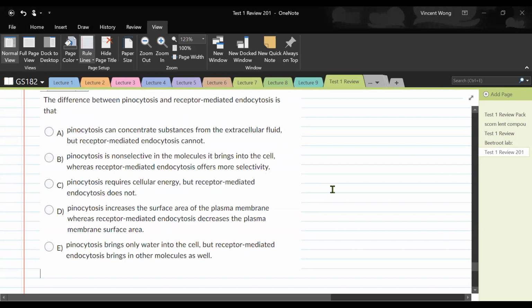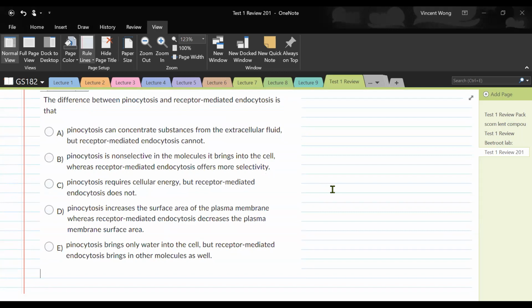Let's do another question here. Again, it's a lot of words, but don't get overwhelmed by that. Just read it part by part and see if you know the answer.